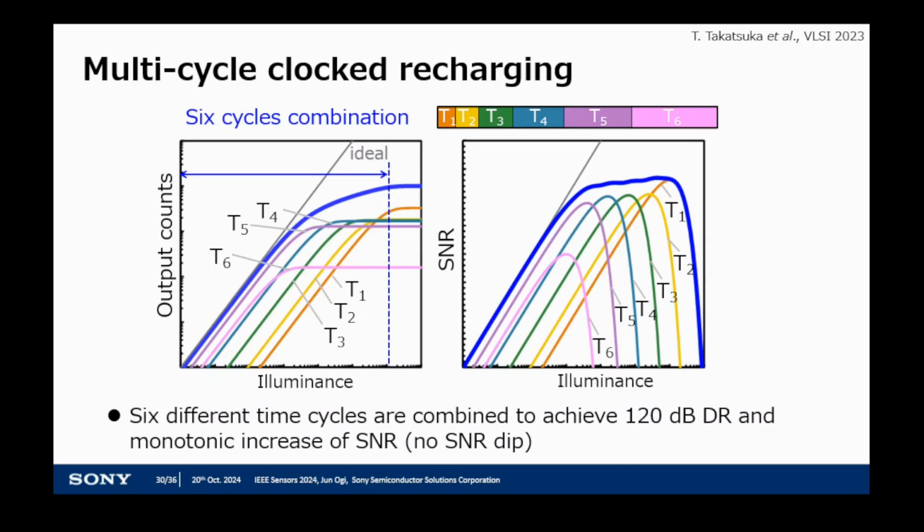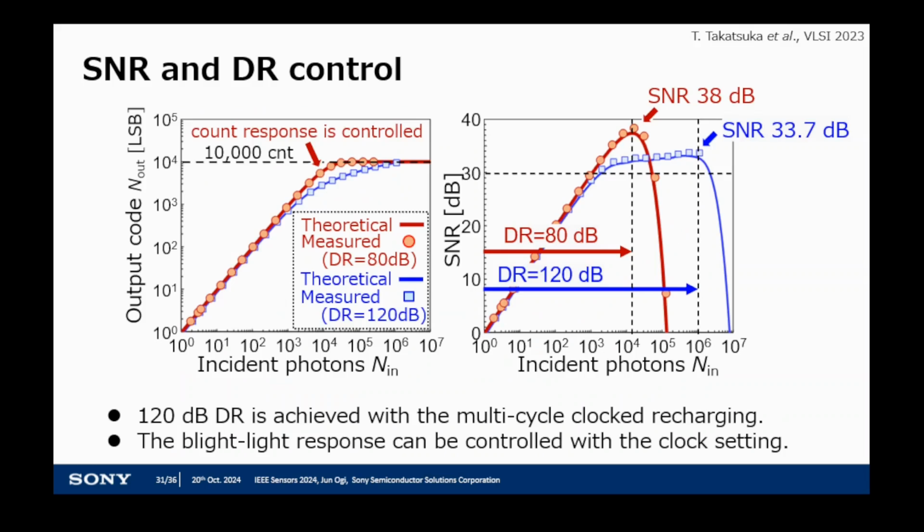The summation of the counting numbers with all the time cycles can increase the total dynamic range, as depicted with the thick blue lines. In addition, the overlap of illuminance levels counted by the adjacent time cycles can provide a monotonic increase of the SNR, even for such an HDR response.